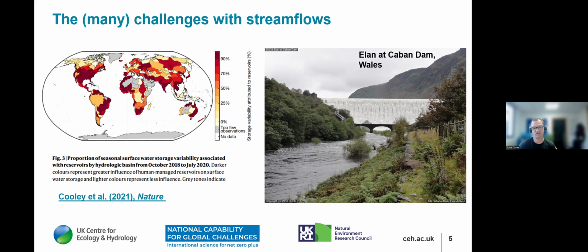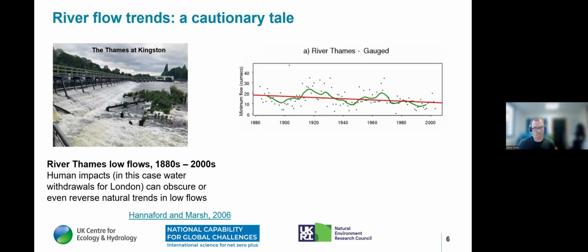And I mentioned we're interested in trends and how these human impacts can affect trends. So another example from the UK, on the River Thames in West London at Kingston. This is one of our longest gauging stations. I think it is the longest continuous gauging station we have in the UK, with river flows beginning measuring in 1883.